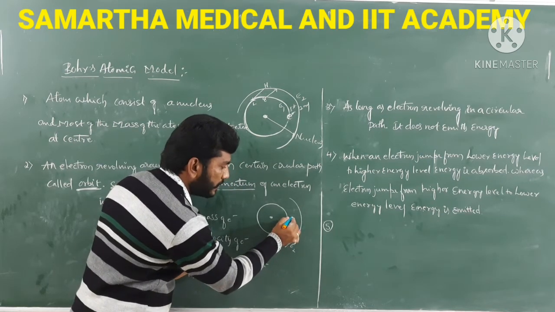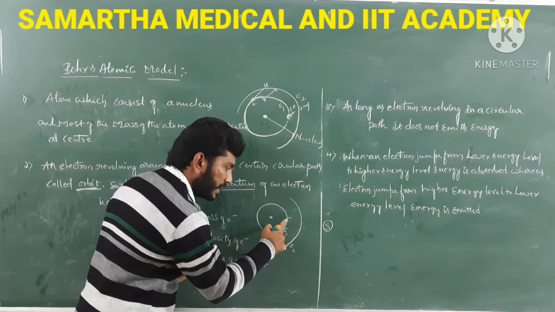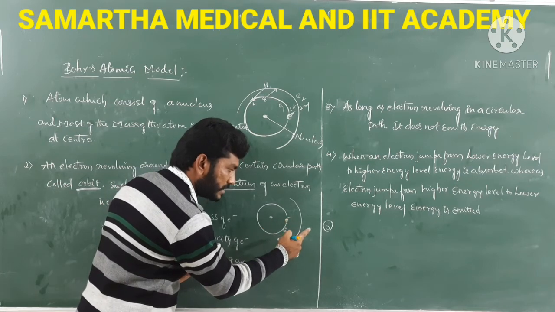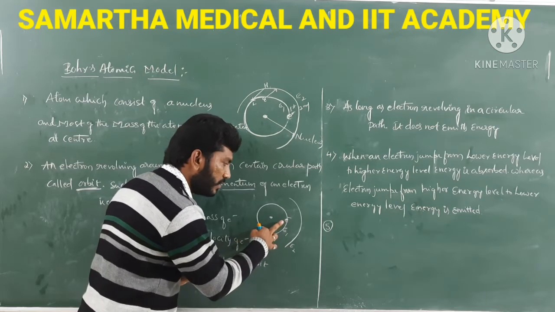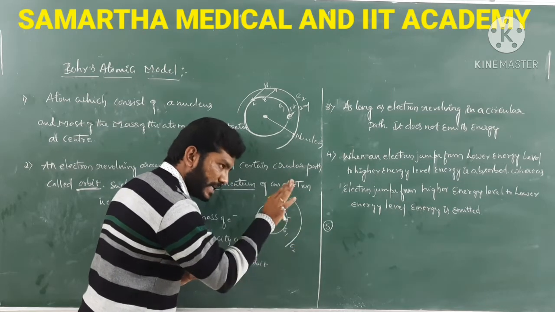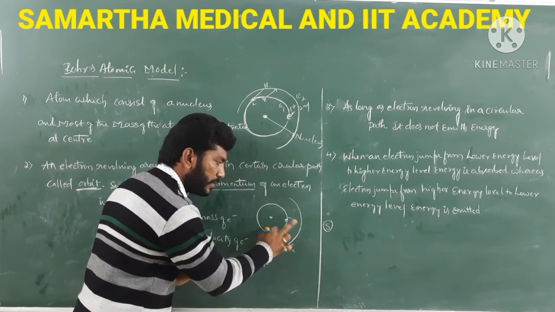Suppose this electron jumps from the first orbit to the second orbit or from the second orbit to the first orbit. Energy is absorbed when it jumps from the first orbit to the second orbit, and energy is emitted when it jumps from the second orbit to the first orbit.